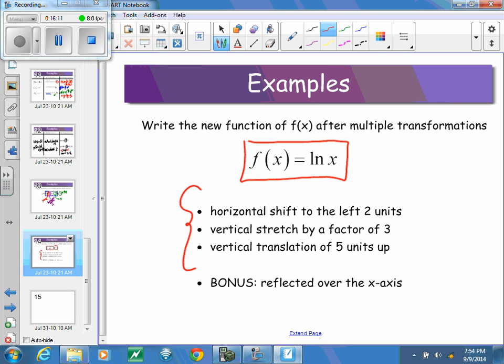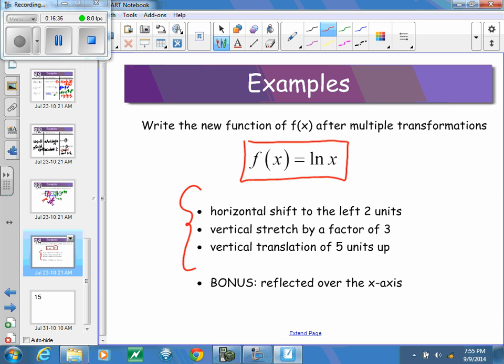Can you come up with a function that shifts this graph to the left 2 units, makes a vertical stretch by a factor of 3, has a vertical translation of 5 units up, and then let's see if you can figure out what to do if we reflect it over the x-axis.